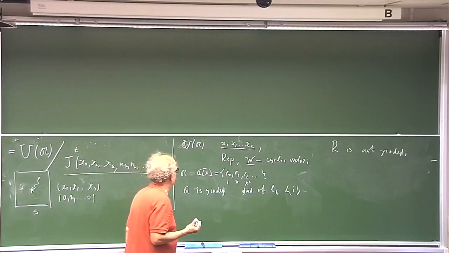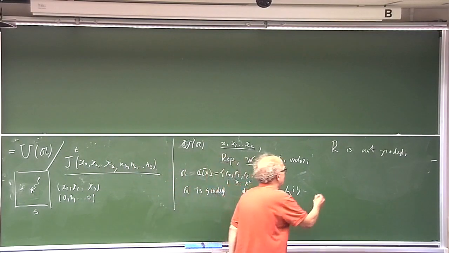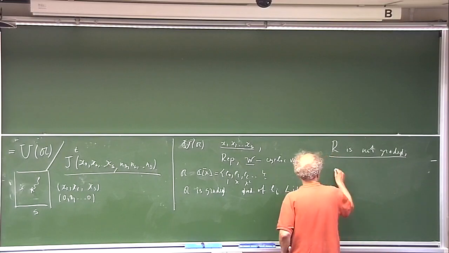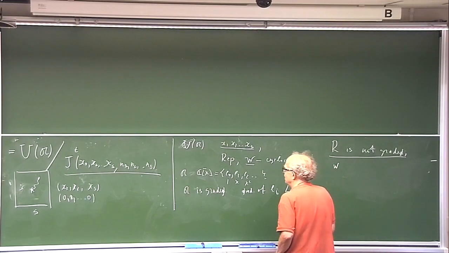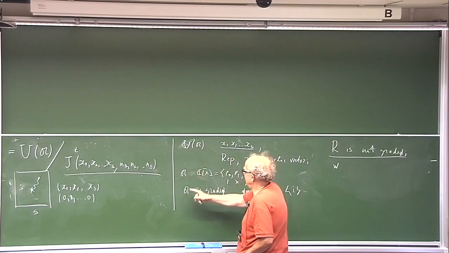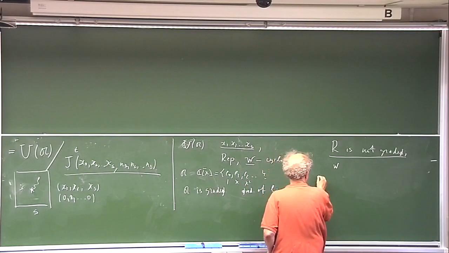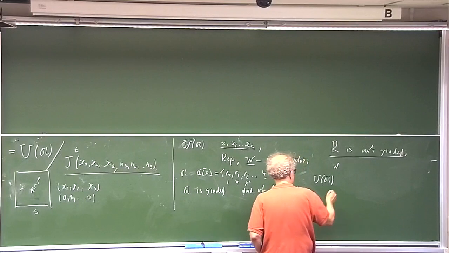And so how? R is not a graded representation, but at least it is generated by W. And this algebra is graded, so the universal enveloping of A is a graded commutative associative algebra.